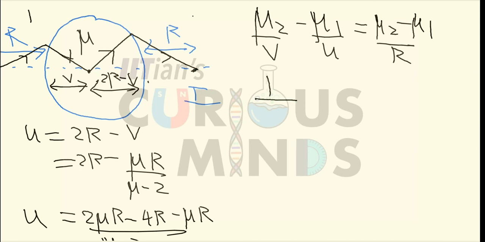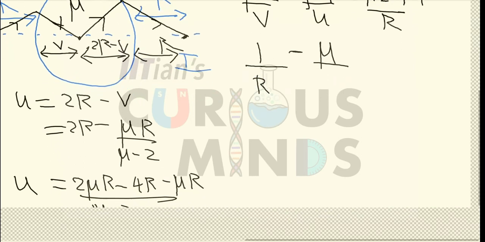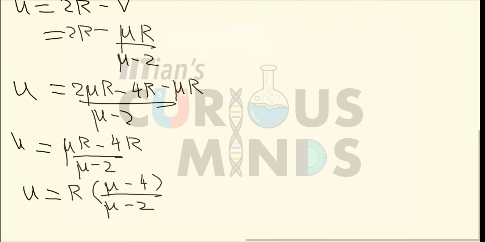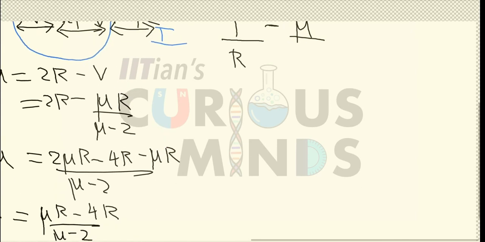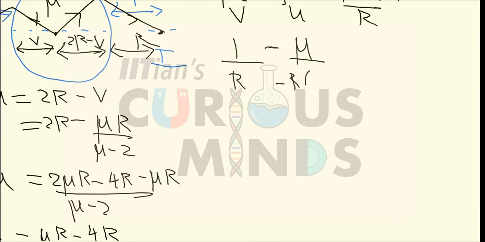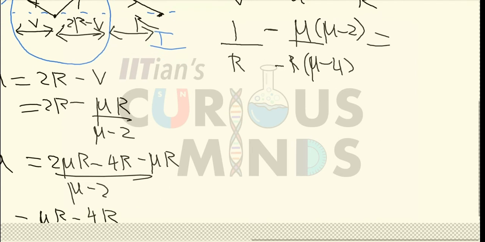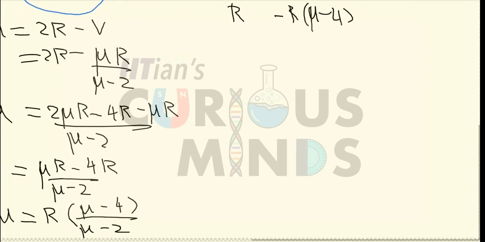The final image is formed at a distance of r, so v is equal to r. Mu 1 is equal to mu, since the object is situated in the first medium, and the object distance will be the negative of this value, negative r times mu minus 4 divided by mu minus 2, so mu minus 2 will be in the numerator.